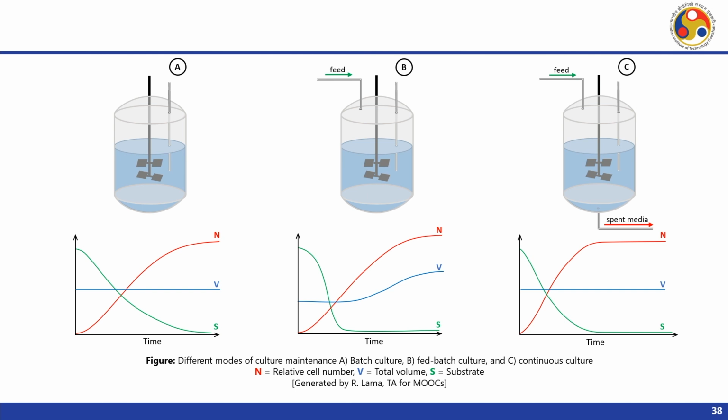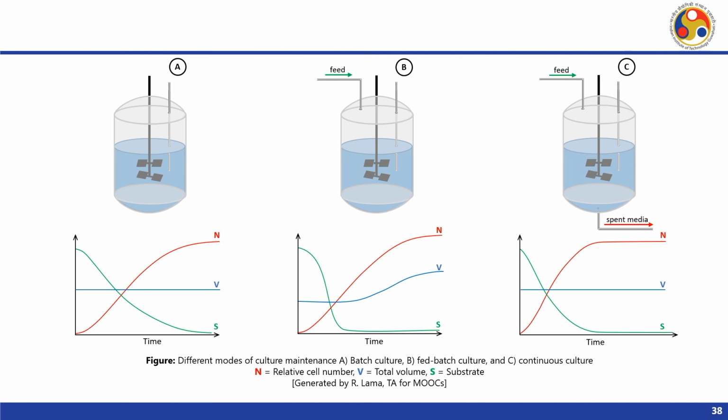In A we have the batch culture, in B we have the fed batch culture where we are supplying nutrients, and then in C we have the continuous culture where we are supplying nutrients as well as taking out the spent media, but in the case of fed batch culture there is no taking out of the spent media.